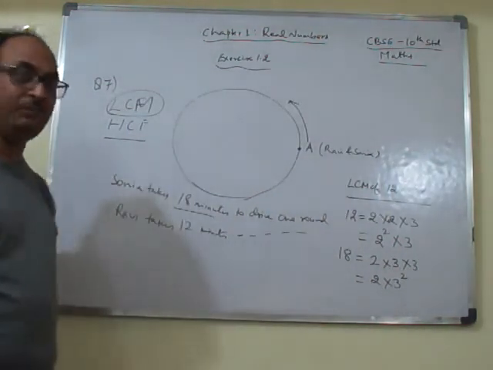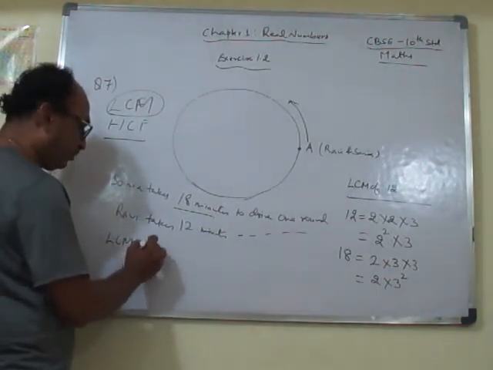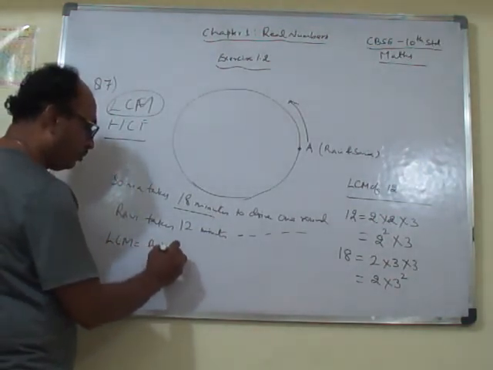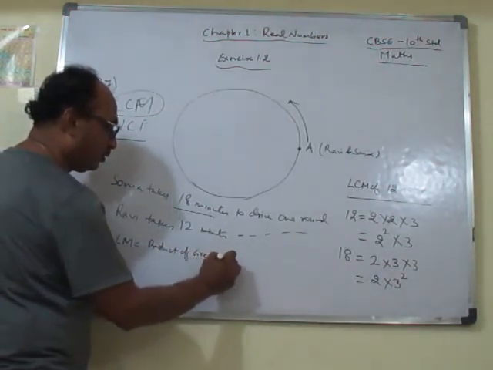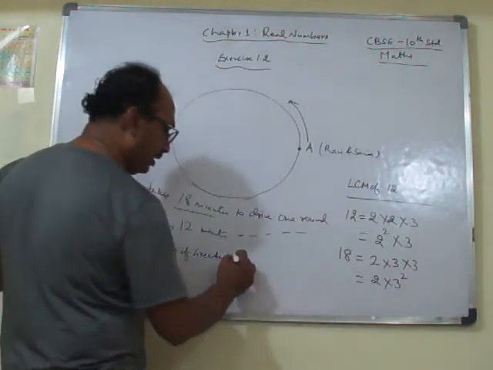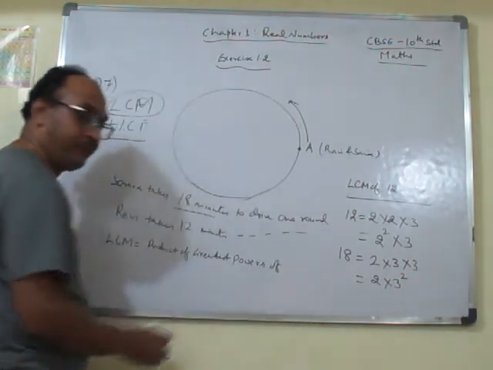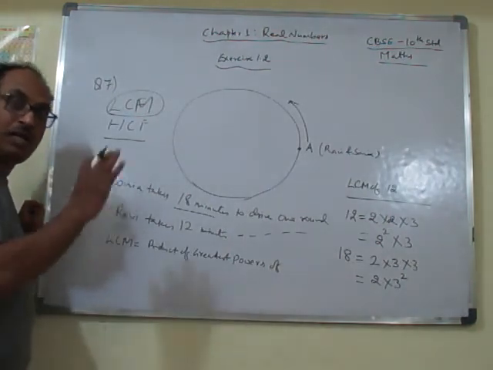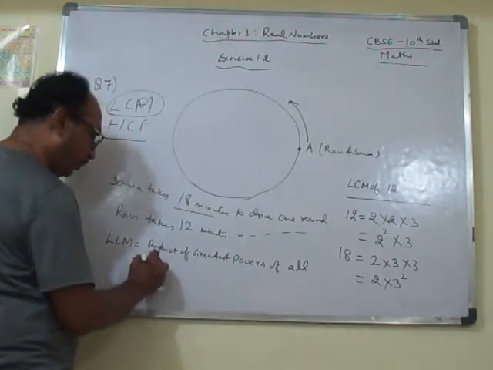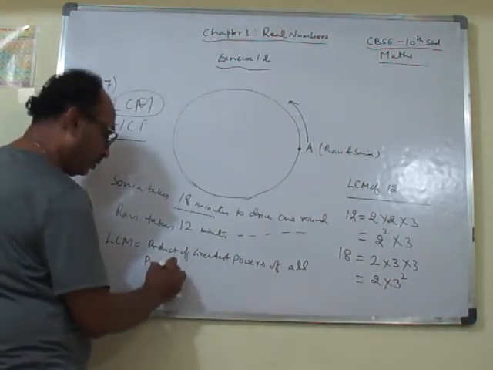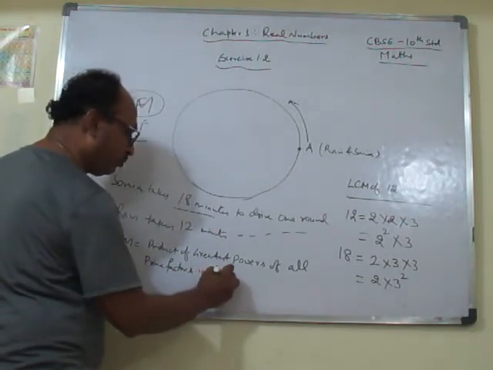Now what is LCM? How have we defined it? We define LCM as the product of greatest powers of all prime factors involved.